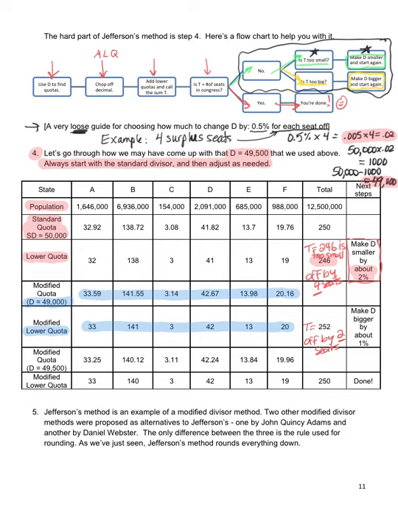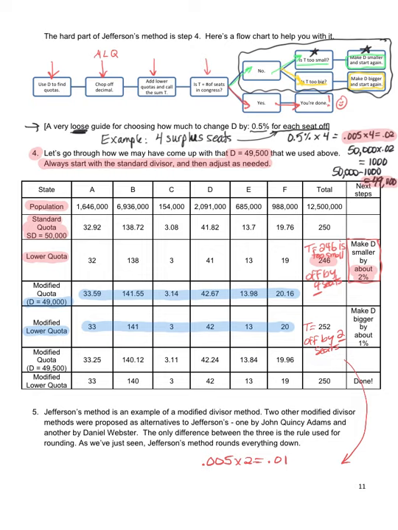Okay. And so if we're off by 2 seats, we can use that loose rule again. So I'm going to come down here and we're going to try that. If we take 0.005 times 2, we get 0.01.